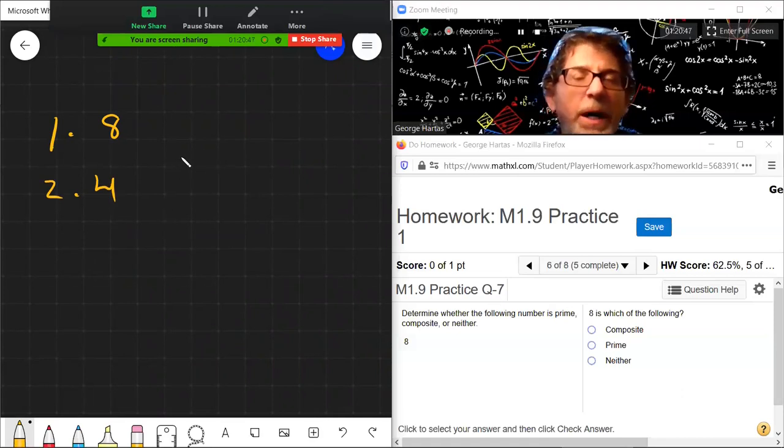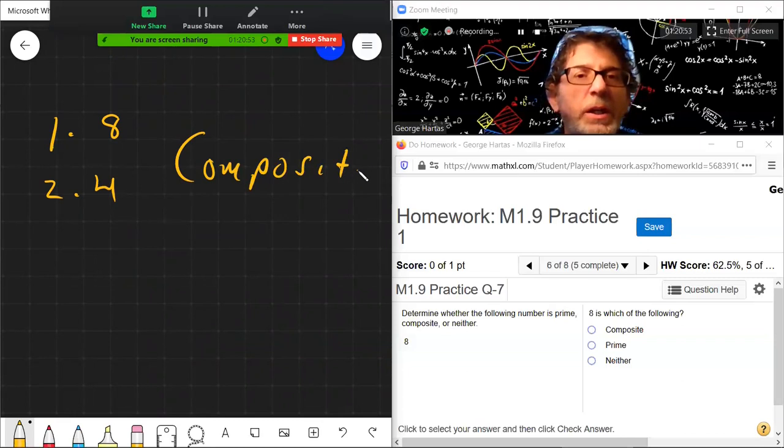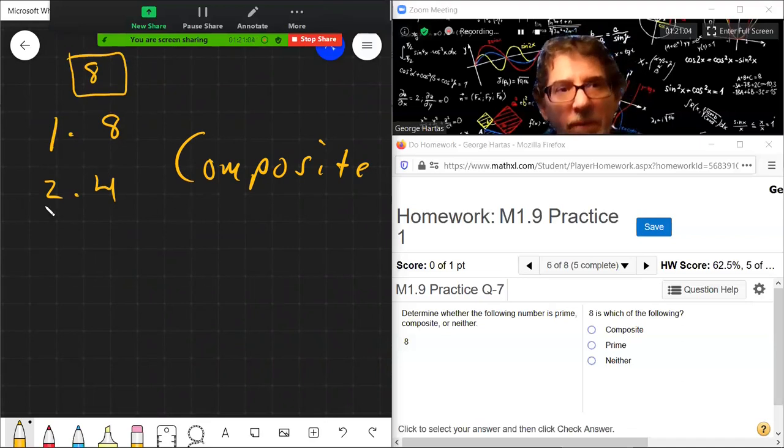Prime, composite, or neither? Composite, you said. Correct, because we have more factors than 1 times that number, which is 8. All right? These extra factors down here make this number a composite. So 8 is a composite number.